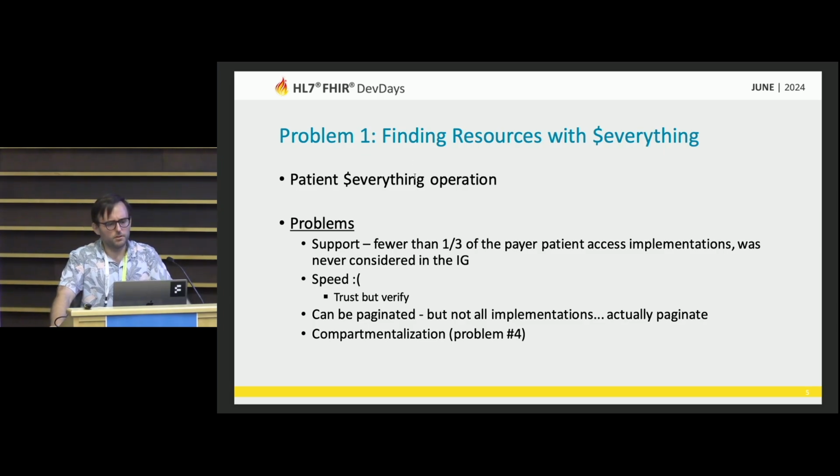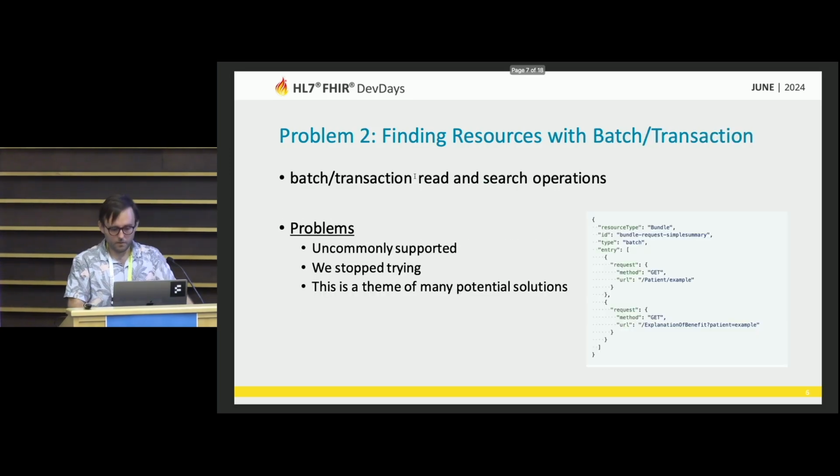We're interested in resources that are also referenced that are not patient compartmentalized. So an encounter that took place at a given facility might reference an organization, and we're interested in the organization too. The organization will not be returned to us. And we'll come back to that as a problem.